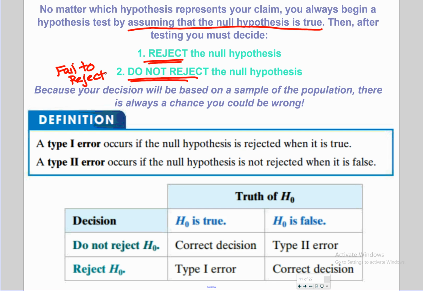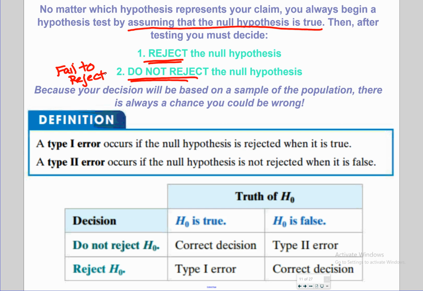The chart at the bottom here, you can apply to many different situations. This is pretty generic, doesn't really have a specific situation it's talking about. So again, we're always assuming that the null hypothesis is true. So on the top of my little grid here, we've got the truth. It's either really true or it's really false in real life. What are those two things? And then at the end of our hypothesis testing, we either do not reject it or we reject it.